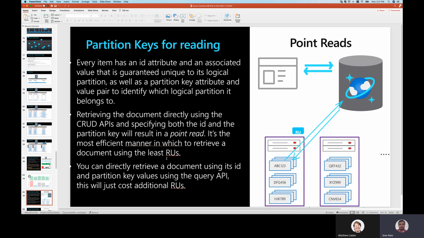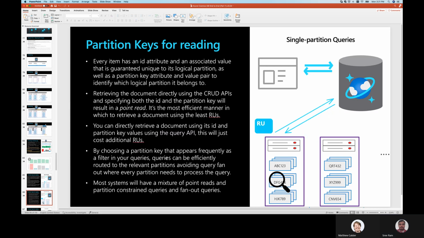Therefore, please make a point to include ID along with the partition key to get a point read. So these are the single partition queries. Single partition queries are the fastest. You provide the partition key in your where clause, and there you go. You operate on all the elements within that partition.